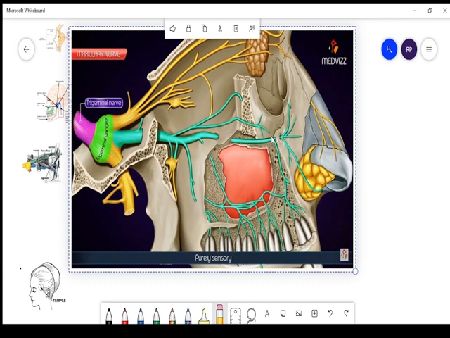This portion of the nerve is called the infraorbital nerve, and then it enters the face through a foramen known as the infraorbital foramen.